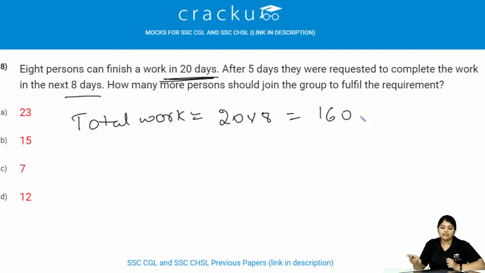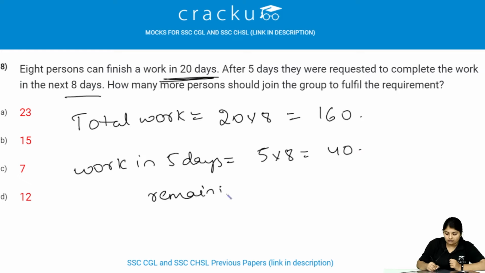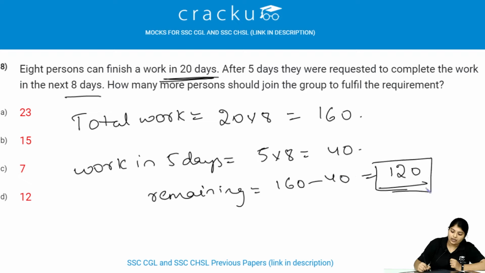After 5 days, they were asked to complete the work in the next 8 days. So, the work done in 5 days is 5 into 8, that is 40. Therefore, the remaining work is 160 minus 40, that is 120. This is the remaining work, and we need to find how many more persons should join to fulfill the requirement.